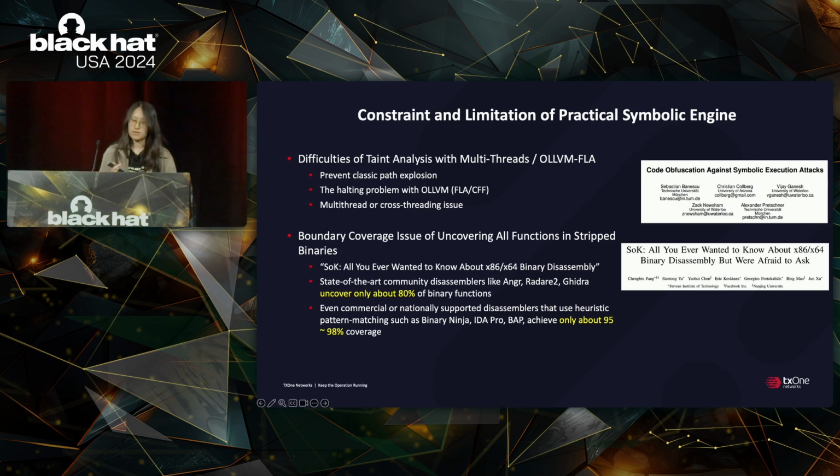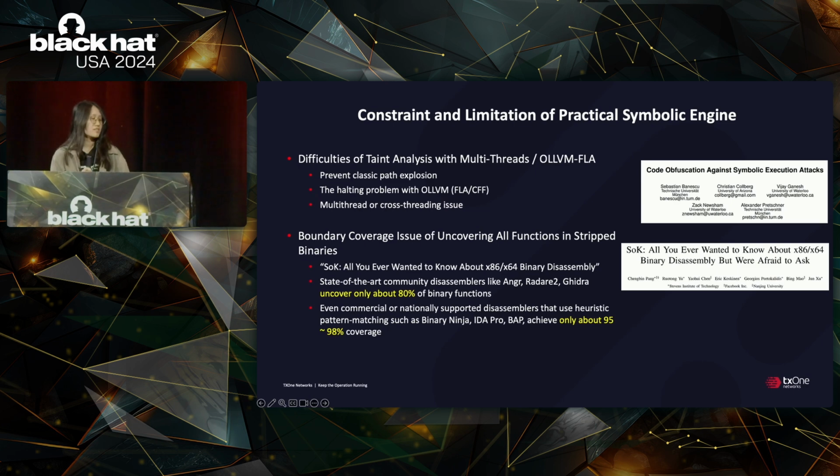However, for OLLVM, there are performance issues in scanning those binary files in a limited time, and also recording all the use-define chains on a highly flattened control flow graph. It is a halting problem that we need to solve. And the third one, data initializing in multi-threads or cross-thread data passing in real time, are classic challenges for taint analysis.